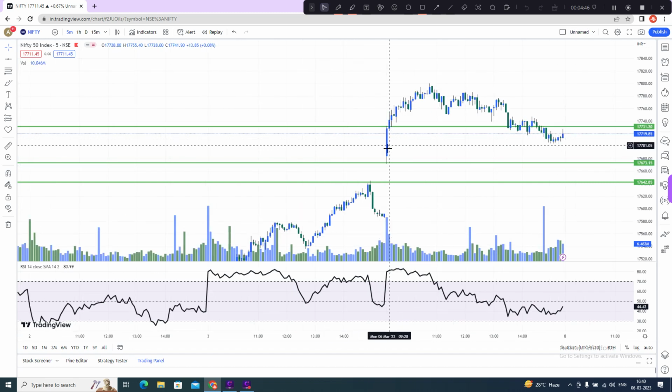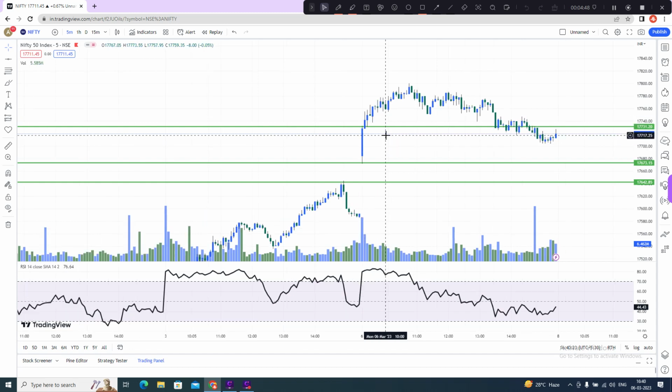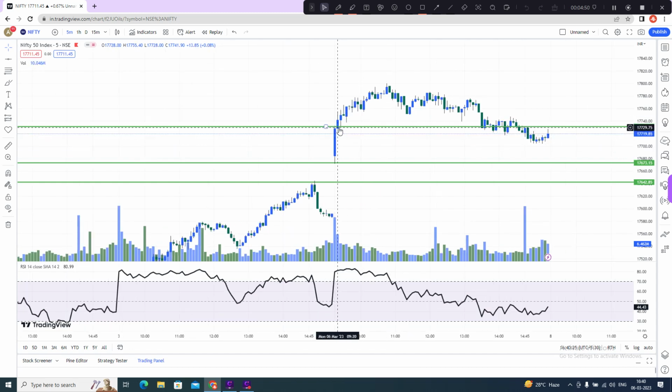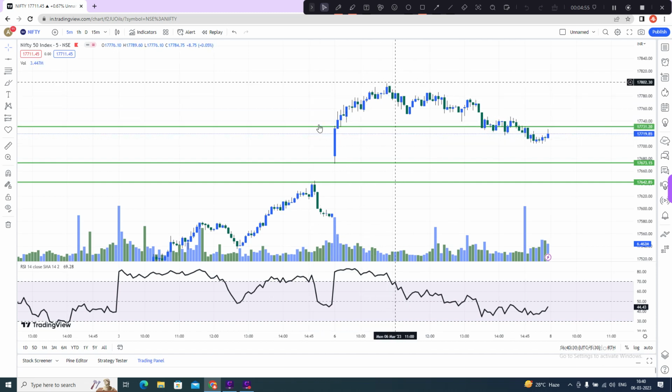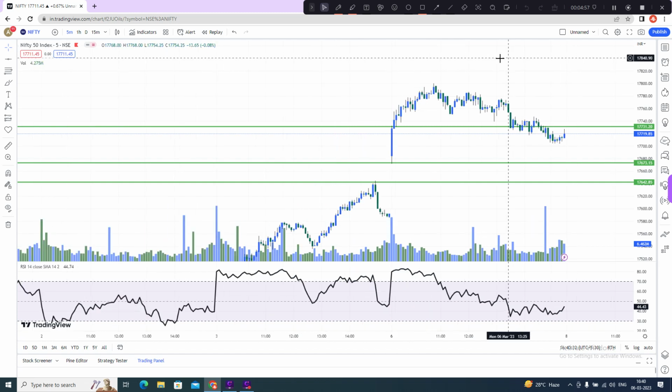So here we can see the first 5 minute candle is a green bullish candle, and our entry would have been here. In the options, one can easily get 30 plus points in these kinds of setups.